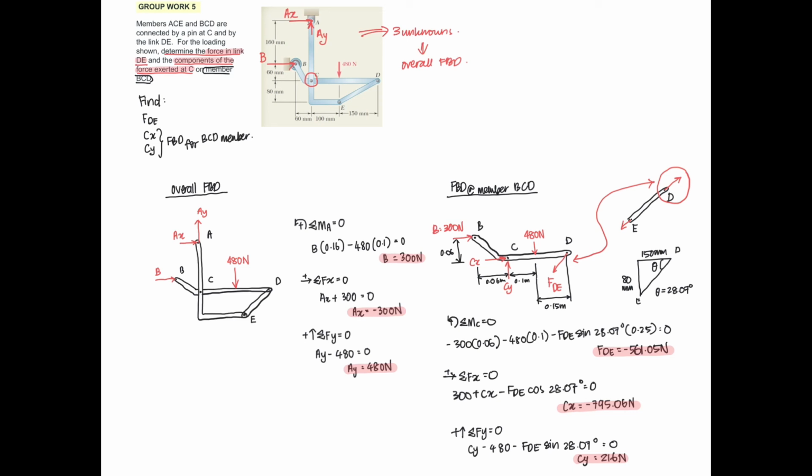So it depends on your assumption. If your assumption is different, the value should also be opposite, right? But the value is still the same. The positive and negative sign only differentiate the direction. The value is still the same. If you get that, the answer is right.